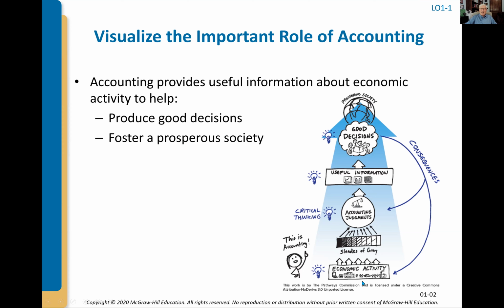And so we have economic activity, and then there are shades of gray around that, which we have to bring in critical thinking and accounting judgments to play here. And we process this so we can filter it and find a way to report information so it'll be useful to people who are making decisions on that. And so that's really important.